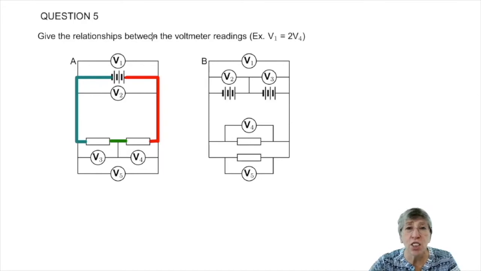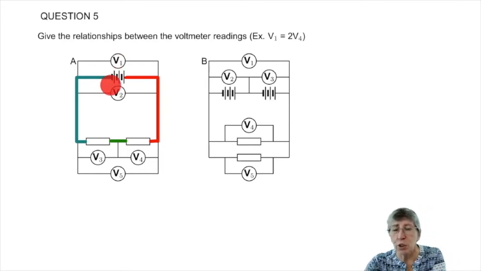Now if we look at this circuit, it's easy to see that V1 and V2 are measuring the same thing. They're measuring the same energy on this side, green, and they're measuring the same energy on that side, red. They're both measuring what you put into the circuit. So they will definitely be equal. But whatever you put in is equal to whatever you're using, and the only place that you're using is in this series connection.